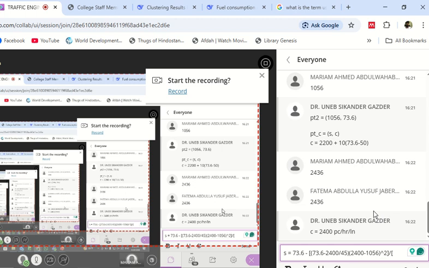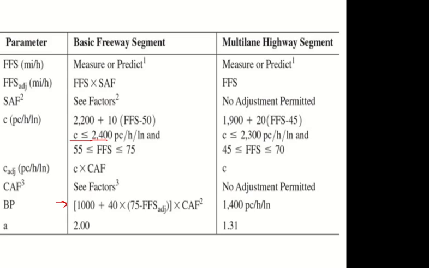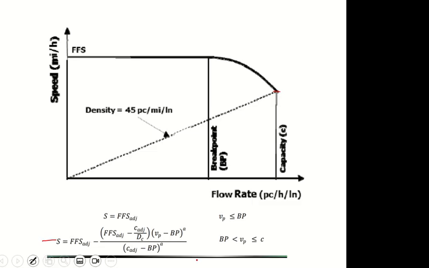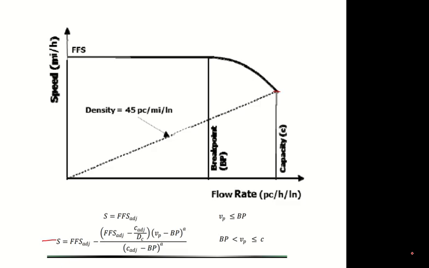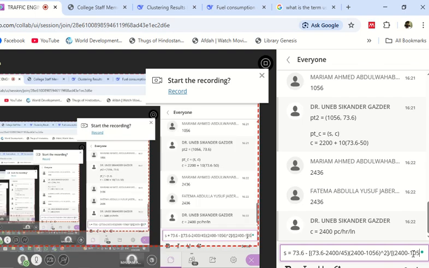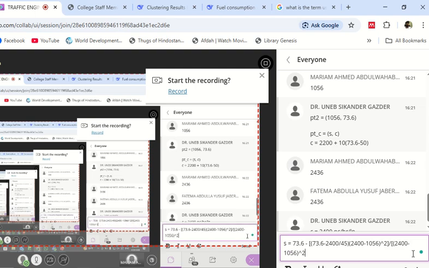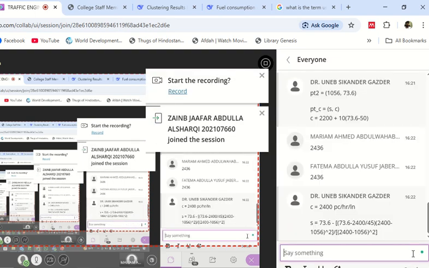Power 2. Yes, okay, A 2. And then the denominator, capacity. Now this 2400 is because of capacity. This 2400 was because VP is also capacity. Okay, then give me the value of S, and if you have any questions, let me know.